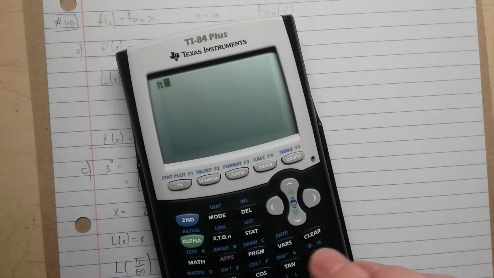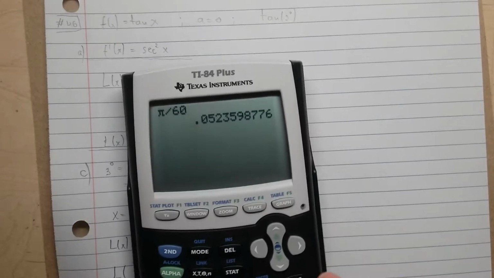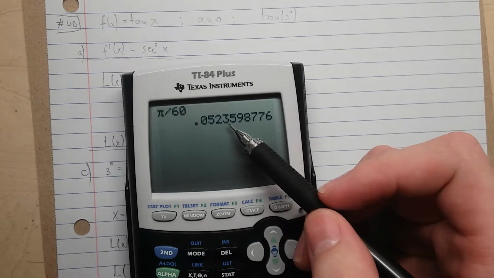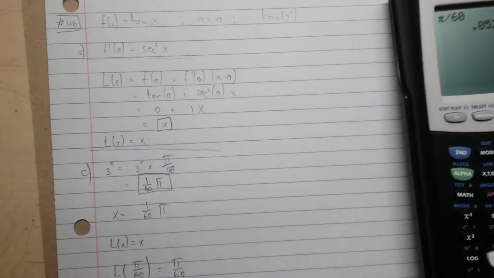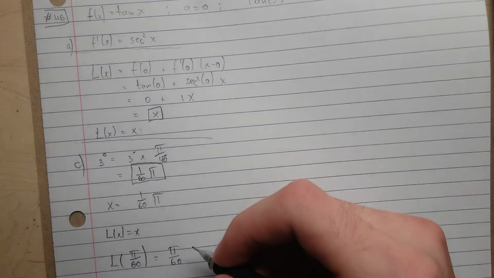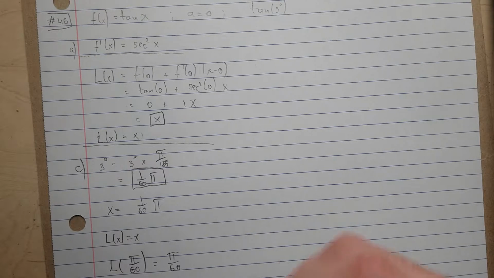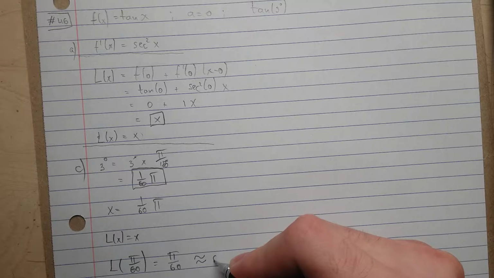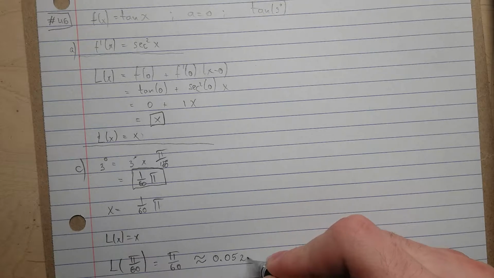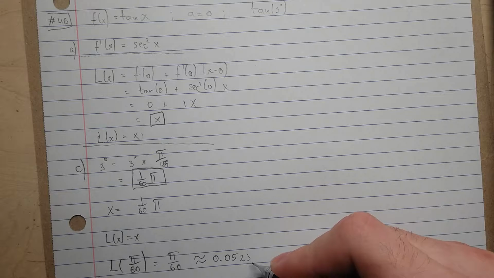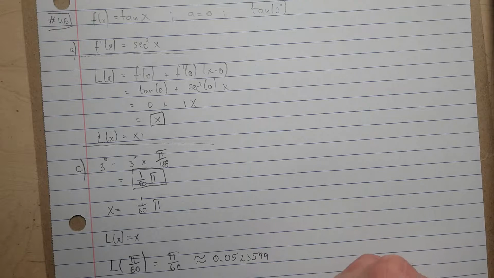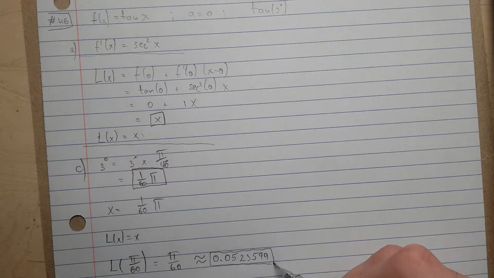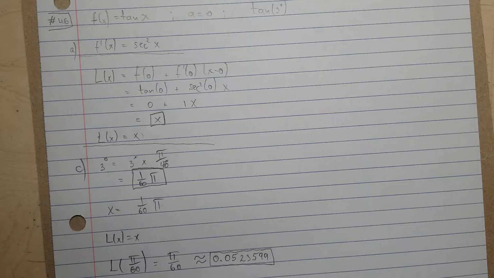Pi divided by 60 is approximately 0.052359, and so on. We want to write as many decimals as we can because this is an approximated value. So I rounded to 7 decimal places, 0.0523599. And in here we're done with part C.